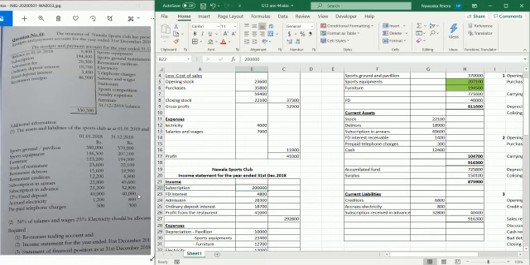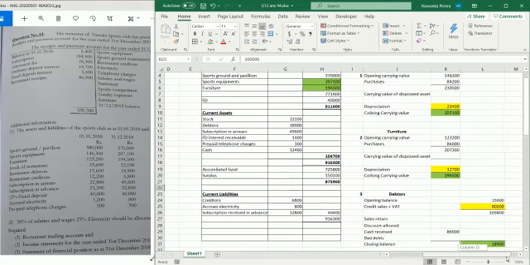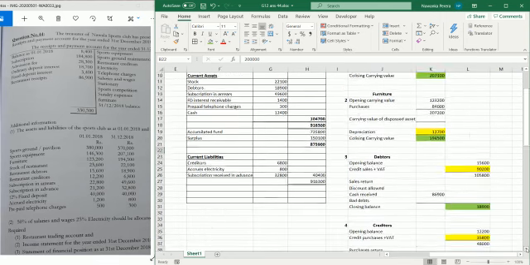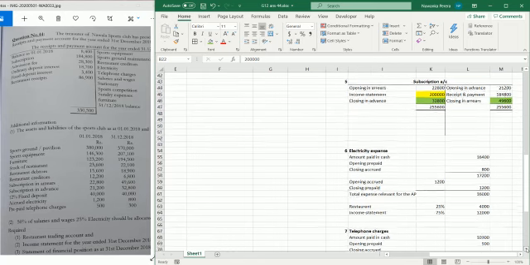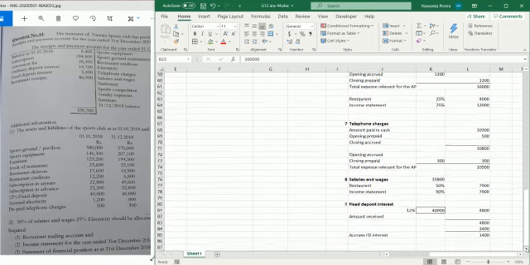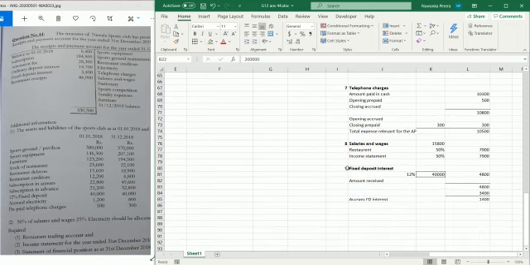In that case, to calculate the total amount of fixed deposit interest relevant for the year, all you have to do is the value of the fixed deposit has to be multiplied by the given percentage. And I have done this here.